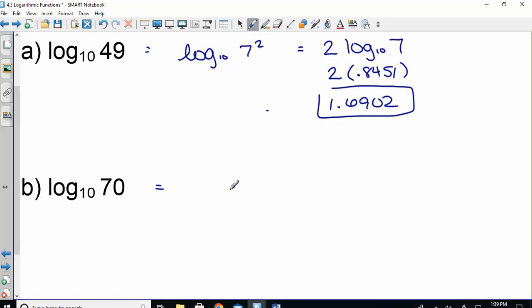All right, how would I rewrite 70? 10 times 7. Then what could you do with those?